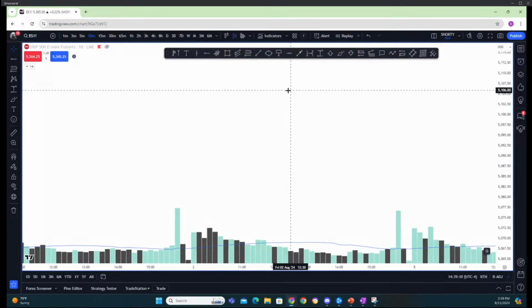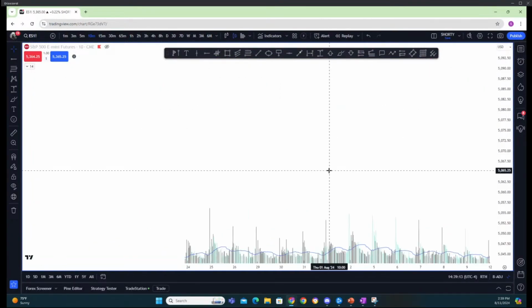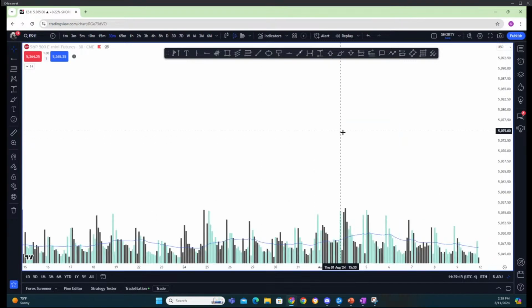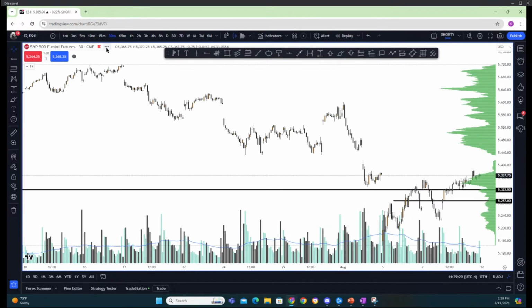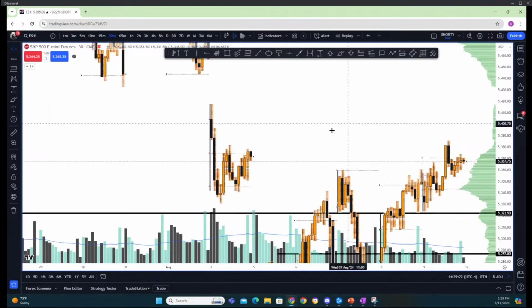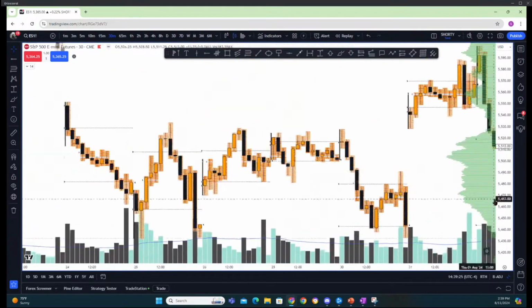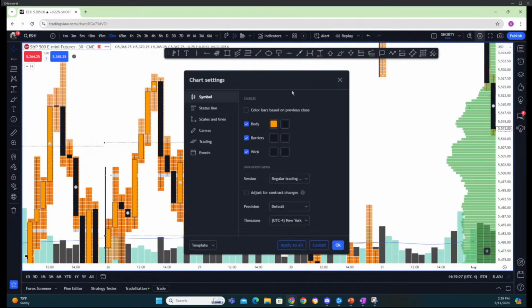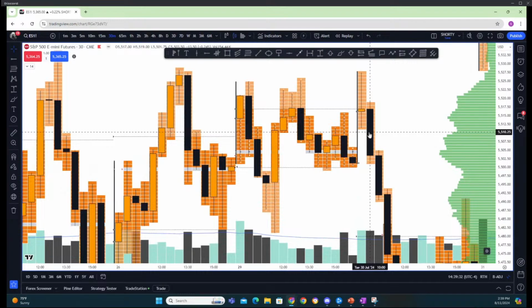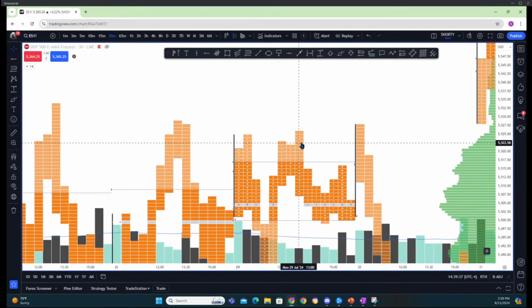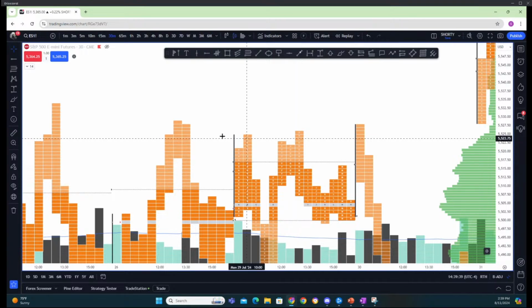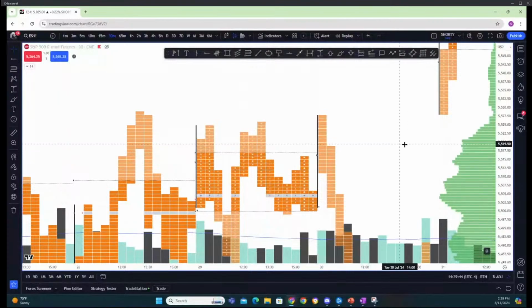Let me see if I can find one. So for instance, here, this is not the cleanest poor high, but in terms of structure, it looks like B period had left a poor high.